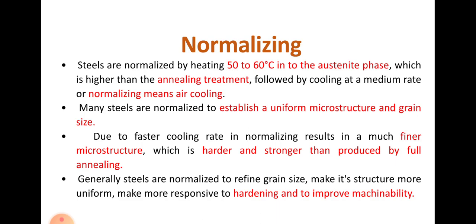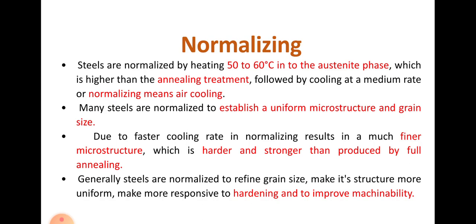Then the second process of heat treatment is normalizing. In annealing, we heat up to the austenite temperature. But in normalizing, we heat the metal or steel to 50 to 60 degrees Celsius above the austenite temperature and then cool using air.